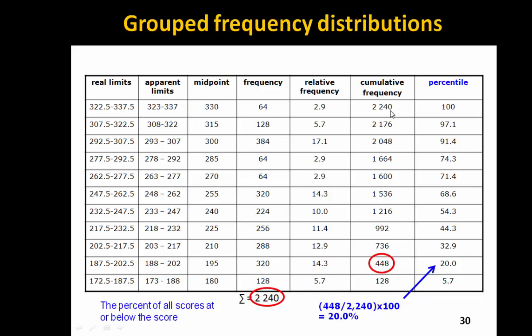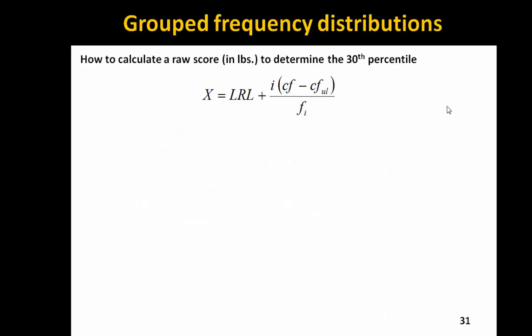For example, if we take the cumulative frequency at the very top, 2,240, divided by 2,240, that gives us 1 times 100, a 100th percentile. So once we have this, we can now begin to take a closer look at these data by applying this frequency distribution.